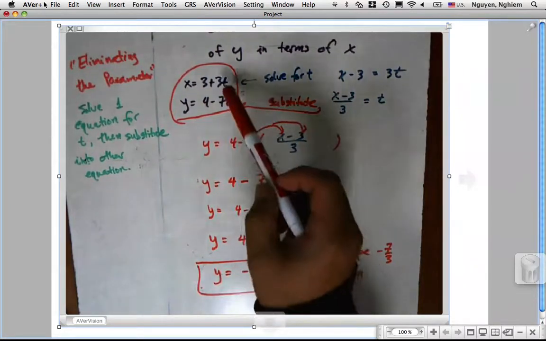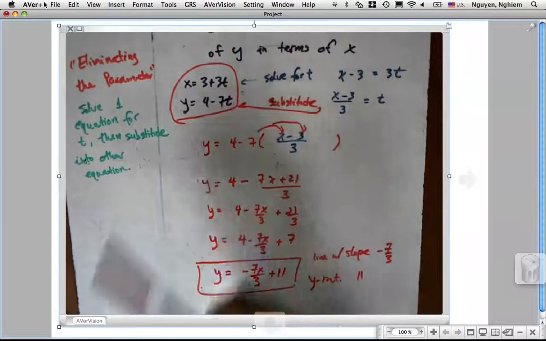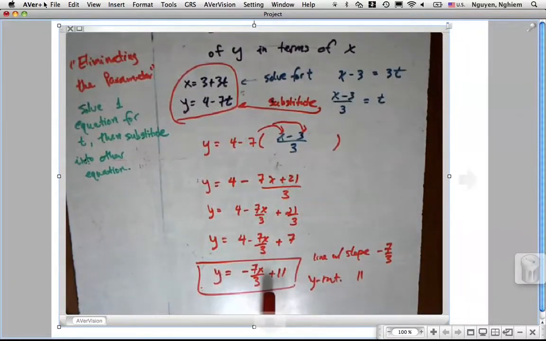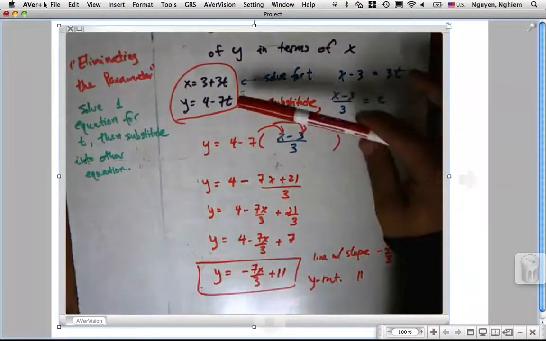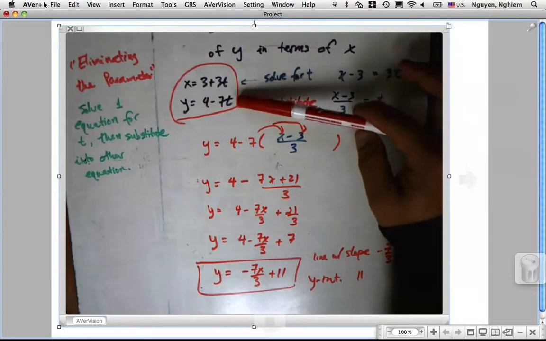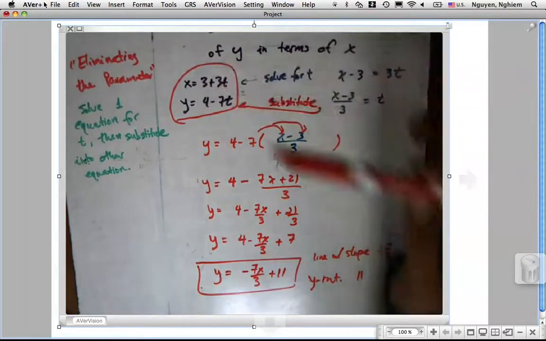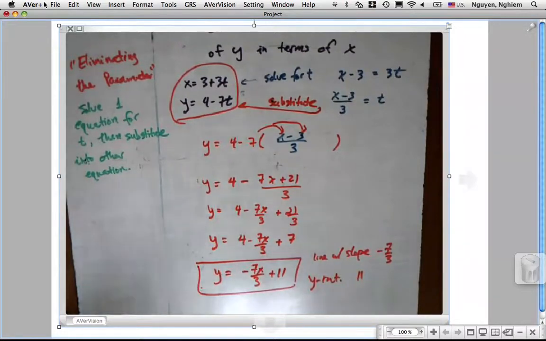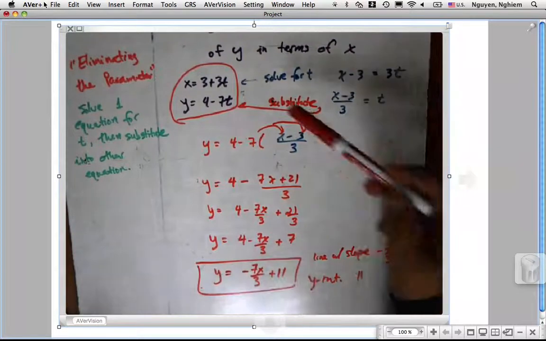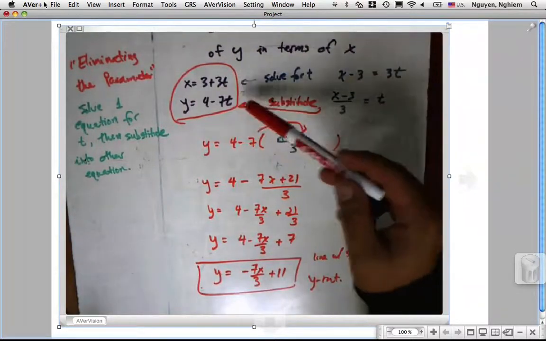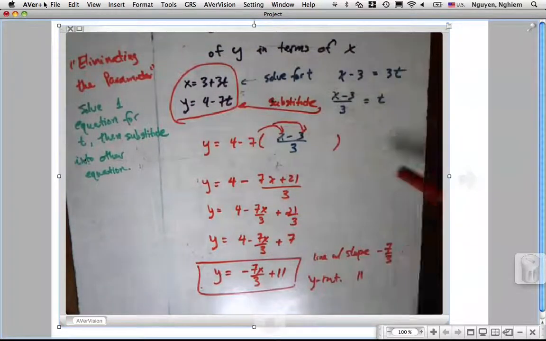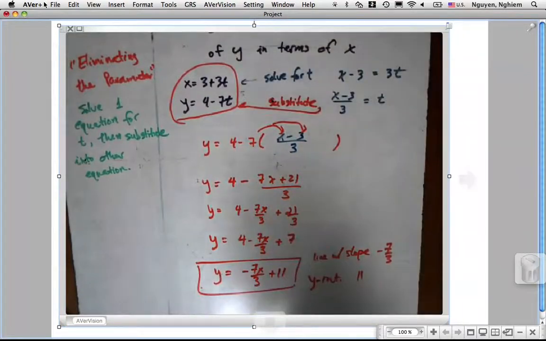I don't need to solve for t and then solve it for y. If I know y, I can solve it for x. However, this one here allows me to work in terms of 3 variables. If t represented time, x and y represented position, I'm able to graph all 3 variables, and I'm able to solve equations. If I'm given 2 of them, I can solve for the other, or if I'm given 1 of them, I can solve for the other 2.